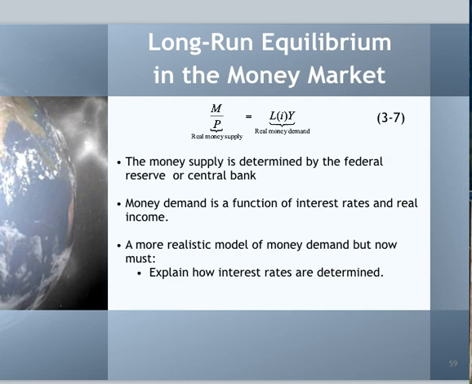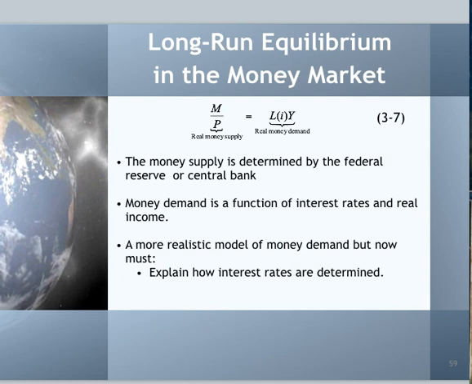So in place of L just being a constant that never changes, we're now going to argue that L does change according to how the interest rate changes. So we'll say that L is a function of the interest rate, and how it gets impacted will impact real money demand.